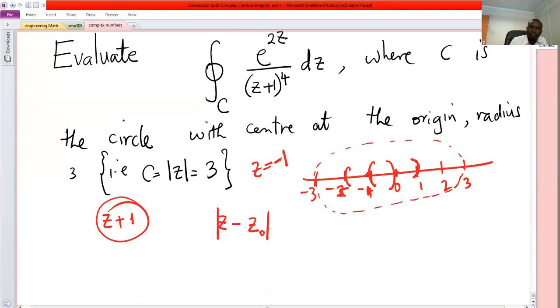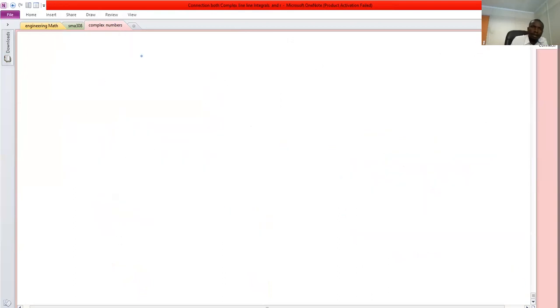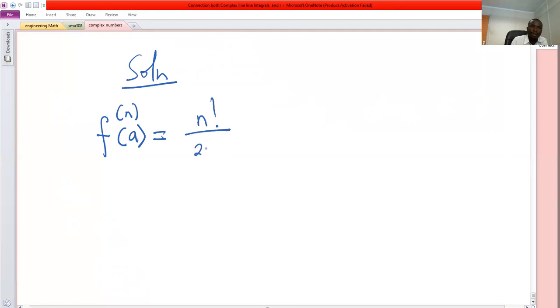So, note that the Cauchy's second integral formula states that the nth derivative of the function at point z equals to a is given by n factorial over 2 pi I integral of f of z over z minus a to the power n plus 1 dz.